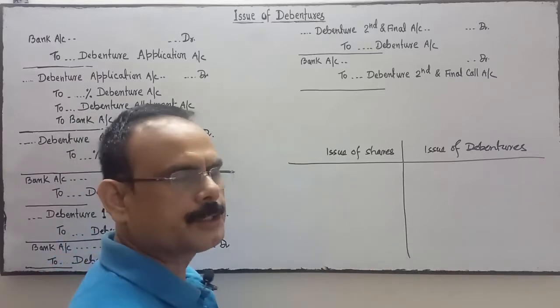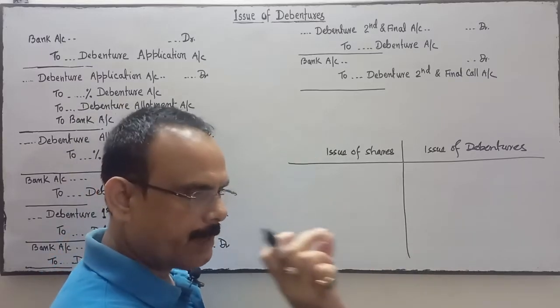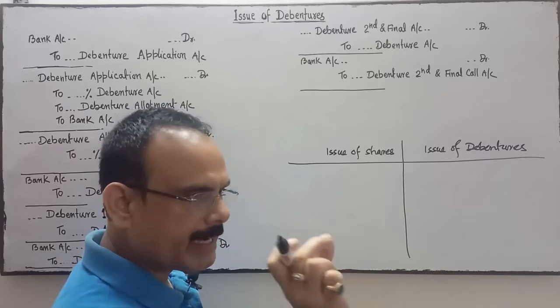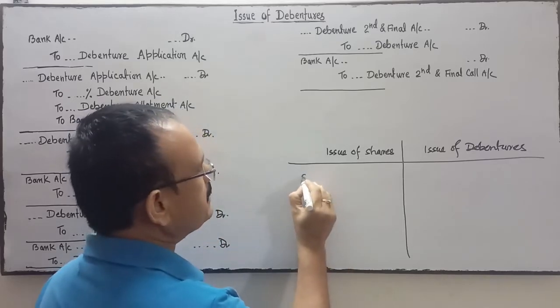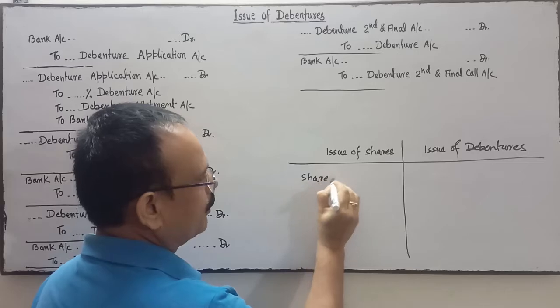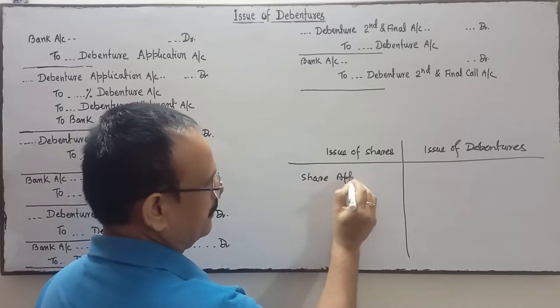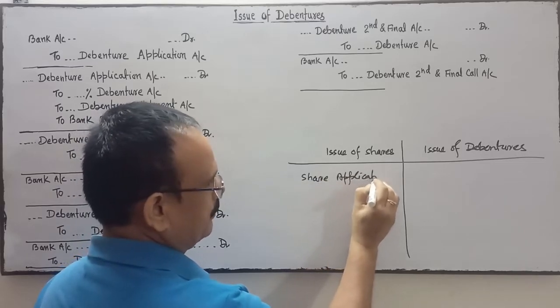When the shares are issued, at the time of application, our entry is bank account debit to share application. We write the words share application account.